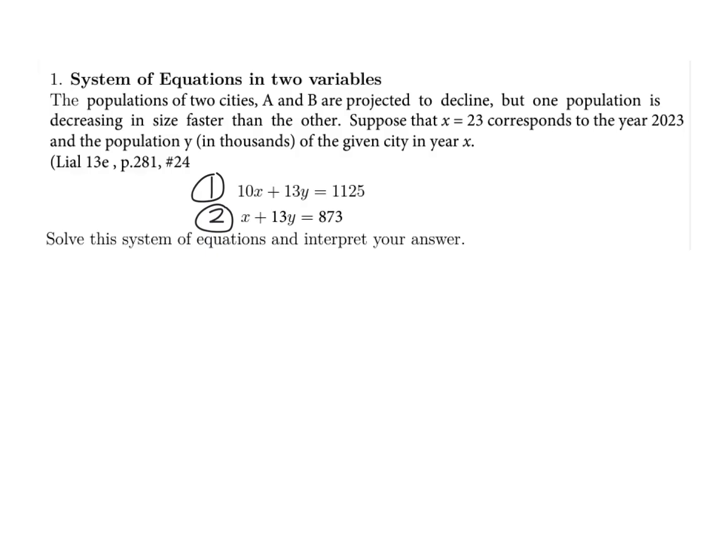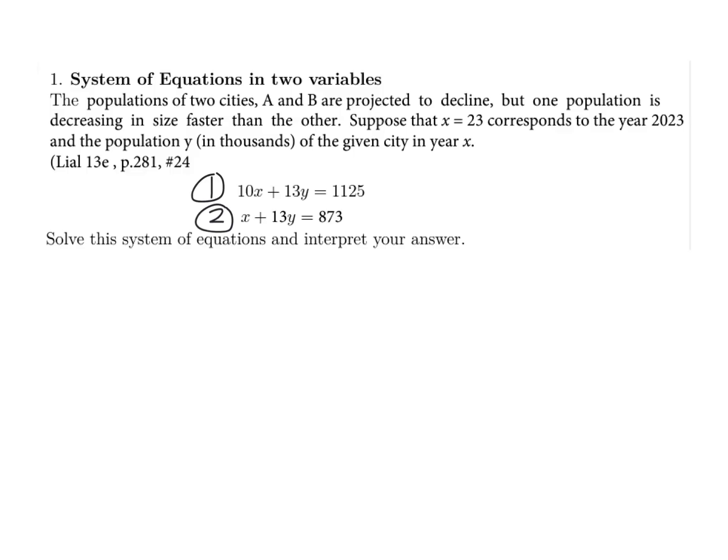So I could multiply the second equation by 10, and then subtract them and determine a value for y. Then I might look at the coefficients of the y variable. I have 13y in equation 1 and 13y in equation 2. So I would see right away that I could subtract those two, eliminating the y variable and being able to solve for x.